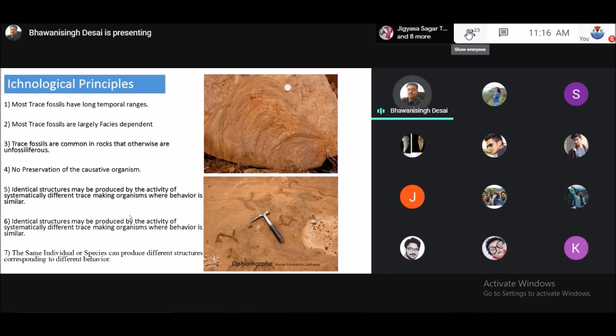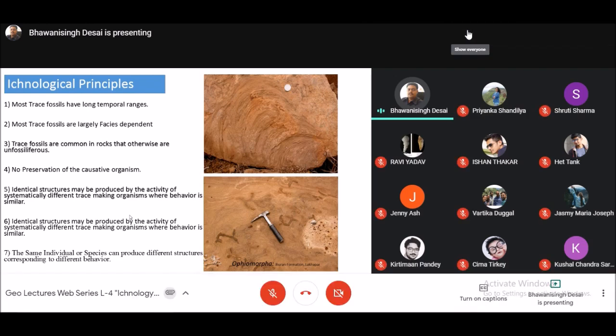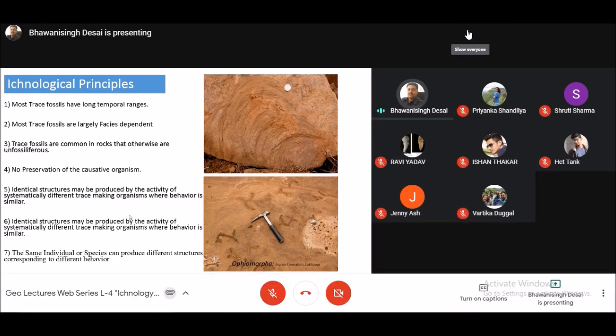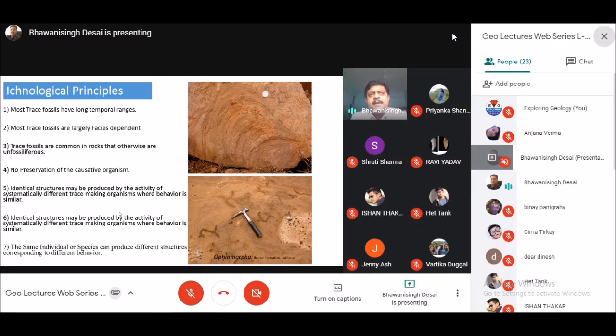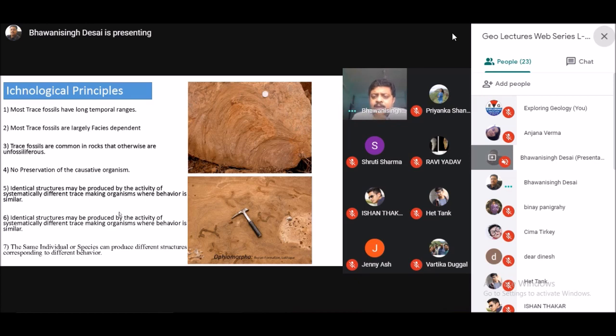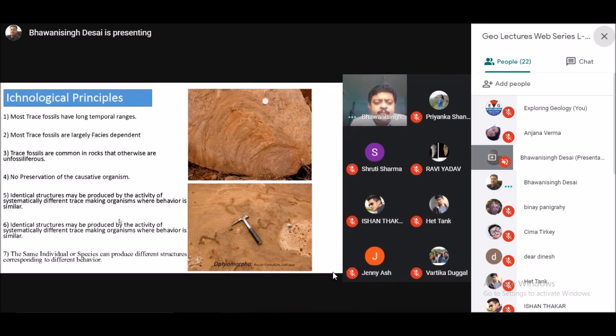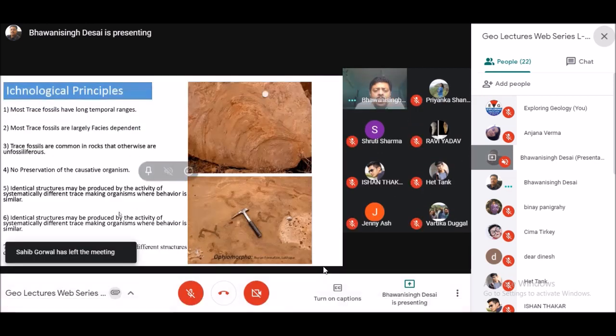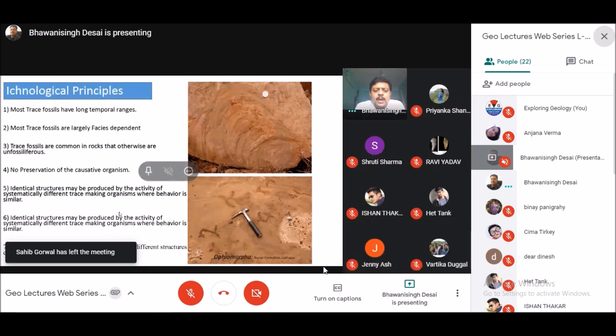Third, you do not have causative organisms; the causative organism is not preserved. And it is said that one animal can create multiple or different structures, where their behavior may be different.